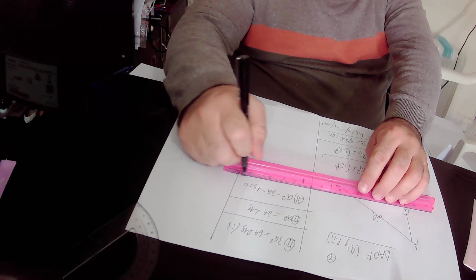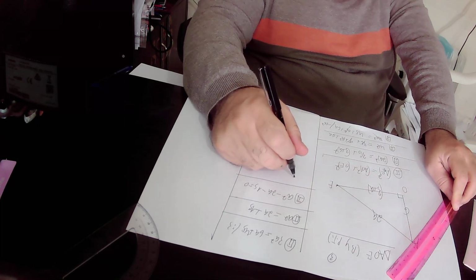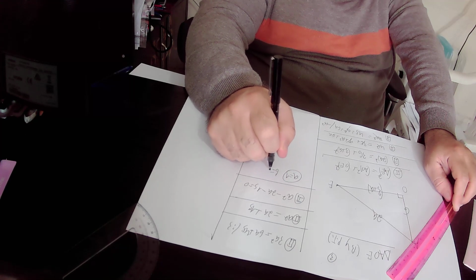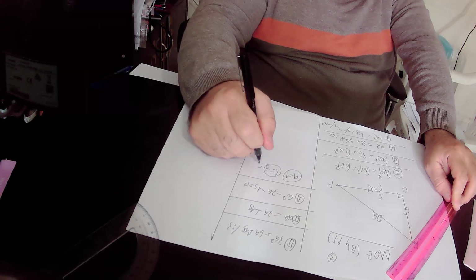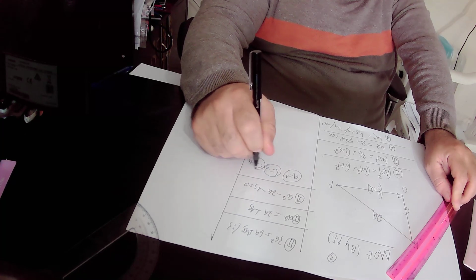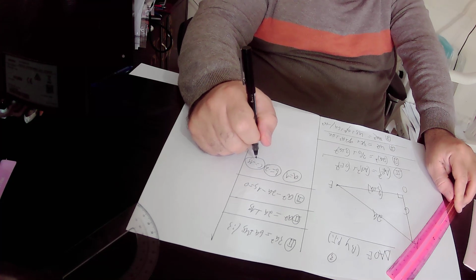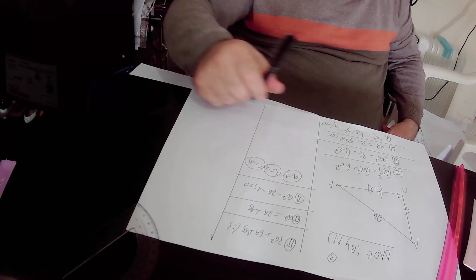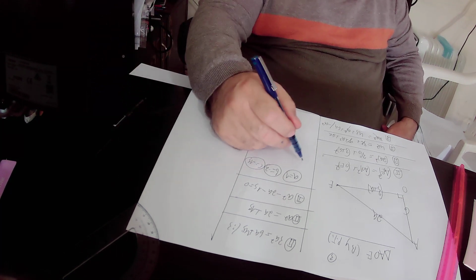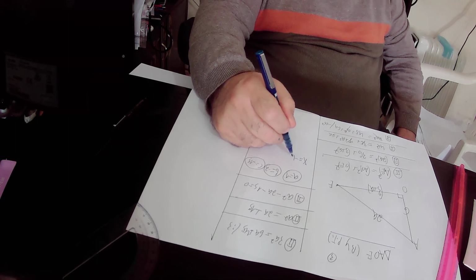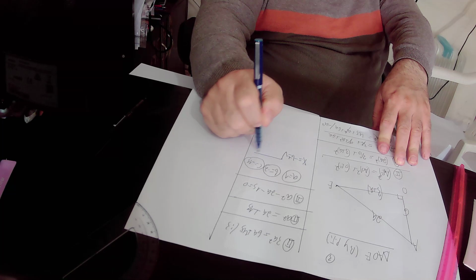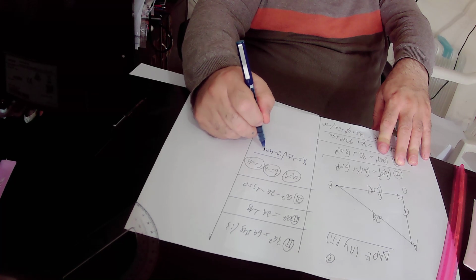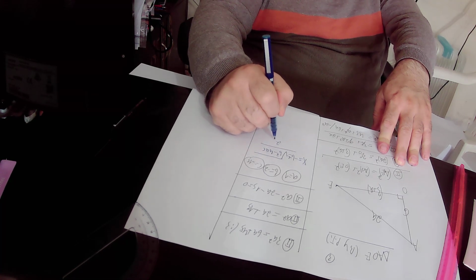So we have here a quadratic equation. The coefficient a in this quadratic equation is 1, the coefficient b is minus 2, and the coefficient c is minus 15. And the general solution for a quadratic equation is x equals minus b plus minus square root of b squared minus 4 times a times c over 2a.